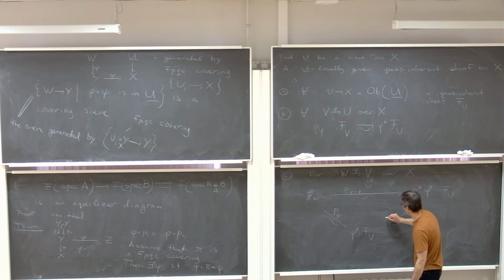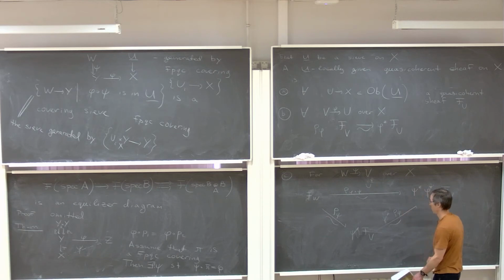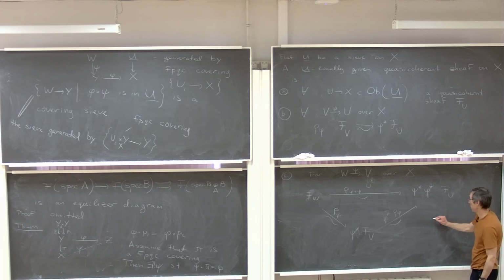So I take phi upper star of rho phi. And the requirement is that this diagram is commutative.